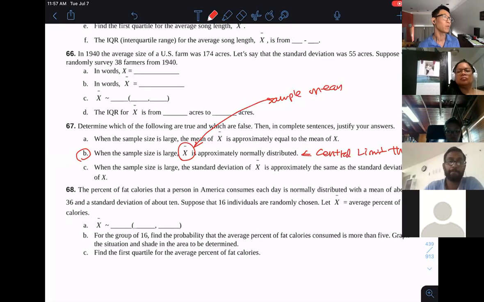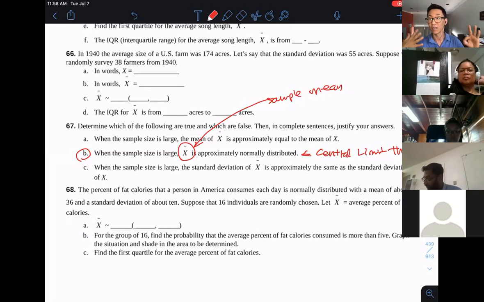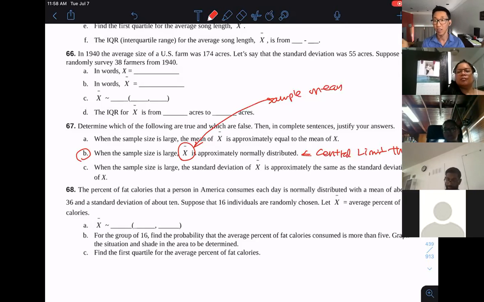When I go survey 30 people and ask the same, your survey and my survey, if I calculate the X bar sample mean, we're going to have different answers. But let's say all of us in our class did it. We're going to get a bunch of numbers, and if you look at the distribution of the answers we get, it's going to be a normal distribution, meaning a bunch of us will have very similar numbers as an average, and some of us are going to have a number way up, but not that many. In a normal distribution, there's a lot in the middle and not much at the ends of the tail.